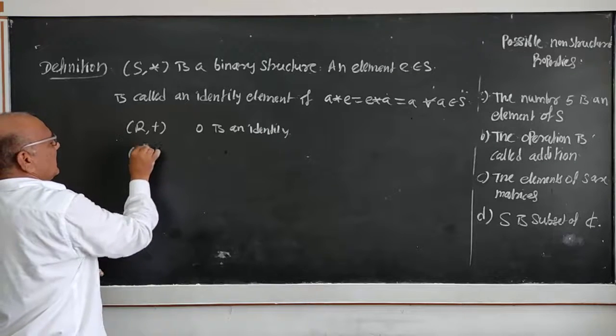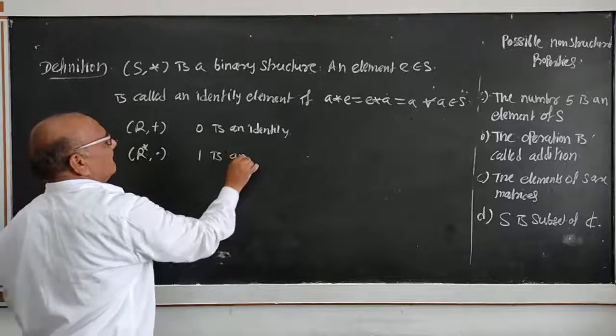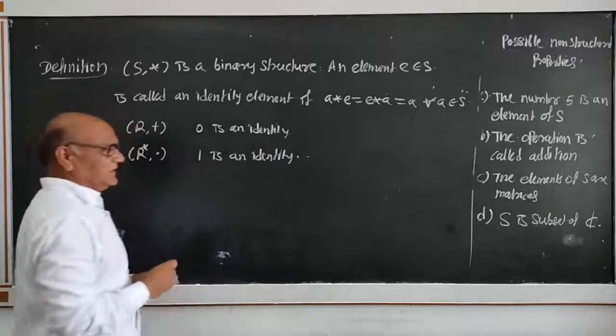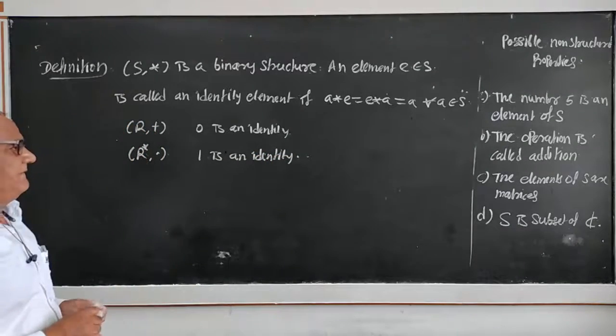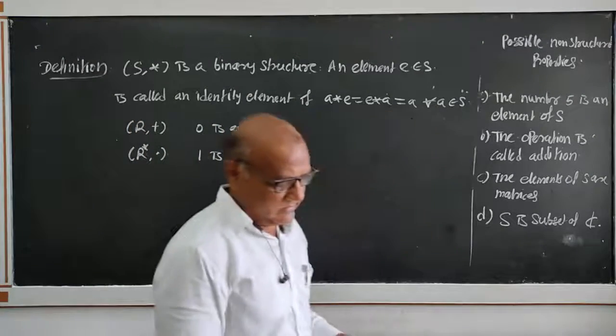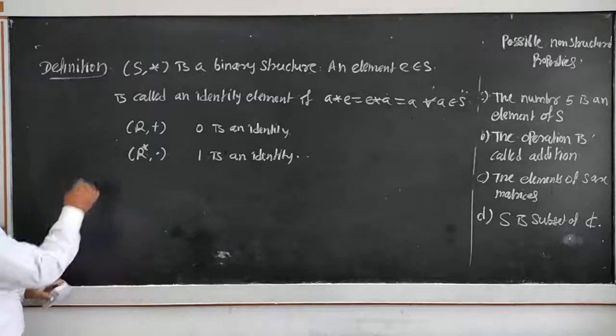In R with multiplication, 1 is an identity, like this. And each identity is unique.